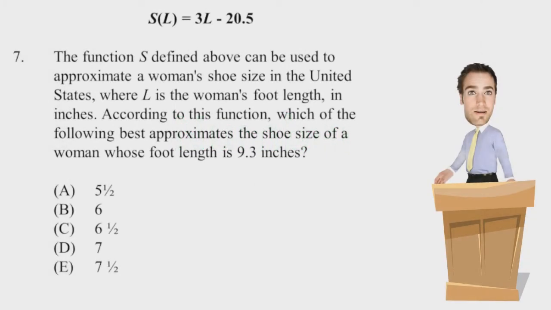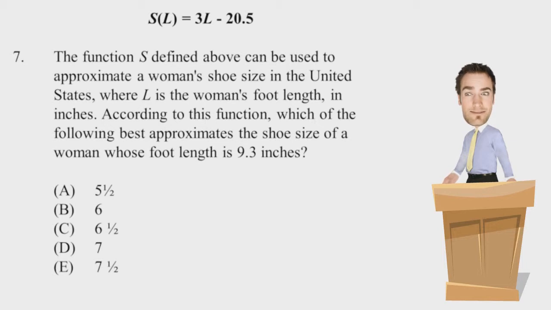Number 7 is the last of our level 2s. It looks complicated because it's written in form of a function, but if you read it carefully, you'll notice that they say that L is the woman's foot length, and they told you what the foot length was. It was 9.3 inches.